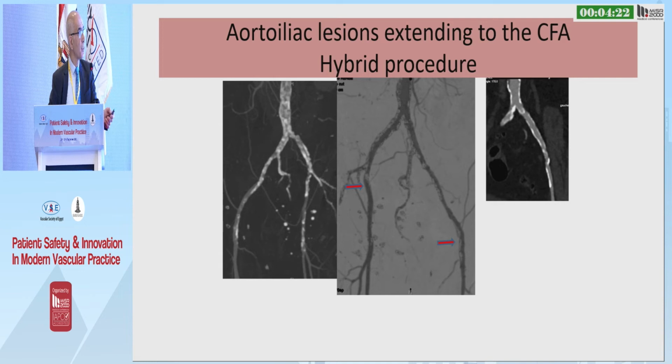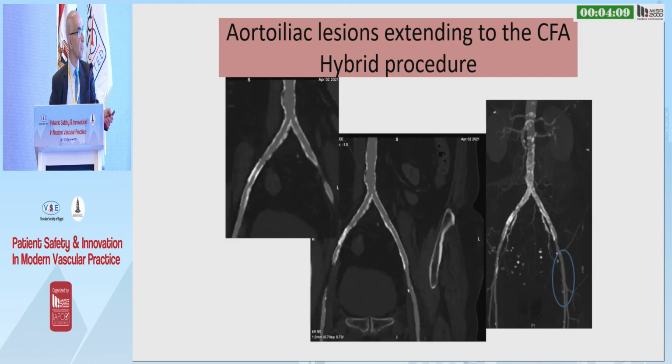In case of extension of the lesion to the common femoral artery, our view is hybrid surgery, a hybrid technique, under local anesthesia or bypass for the common femoral artery and angioplasty of the iliac artery.